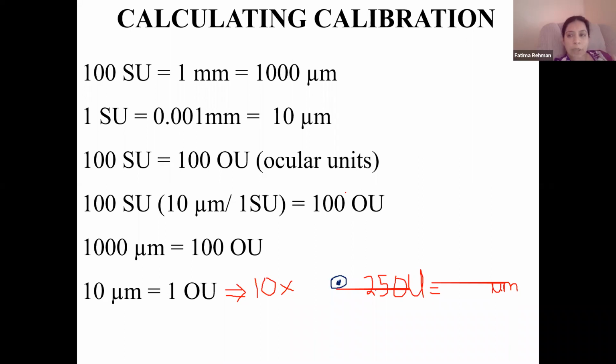Remember, each ocular unit is equal to 10 micrometer under this lens. So if I have a cell that is 2.5 ocular units, how many micrometer would that cell be?